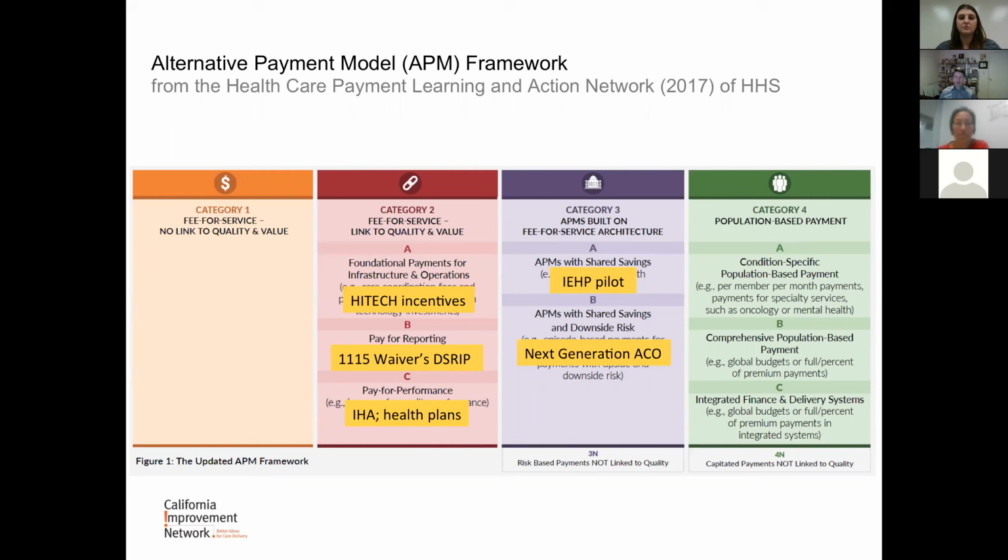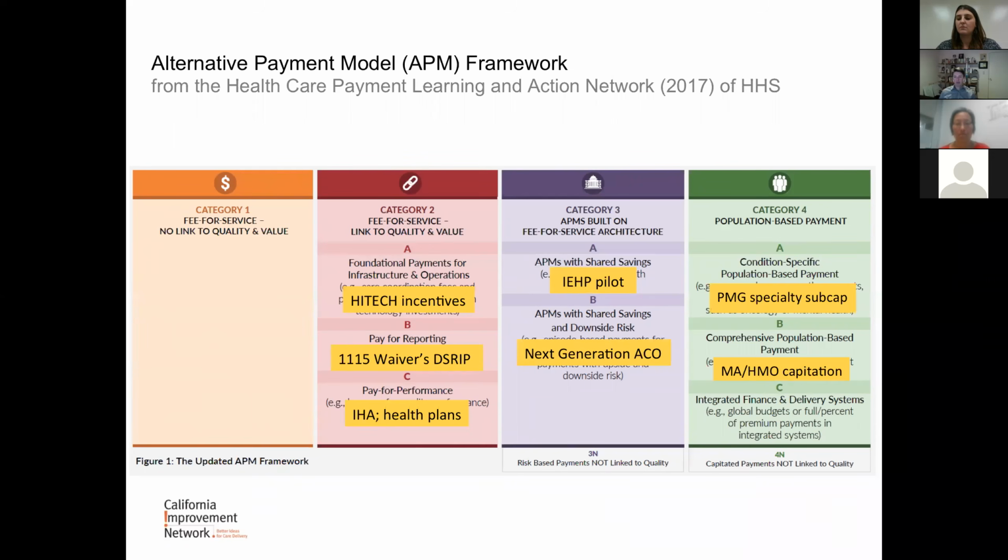Fourth category in our framework is population-based payment, where unlike category 3, the money is attached to the people whose care is covered, versus the services. So examples of these: medical group specialty subcap, which Emma will talk about.